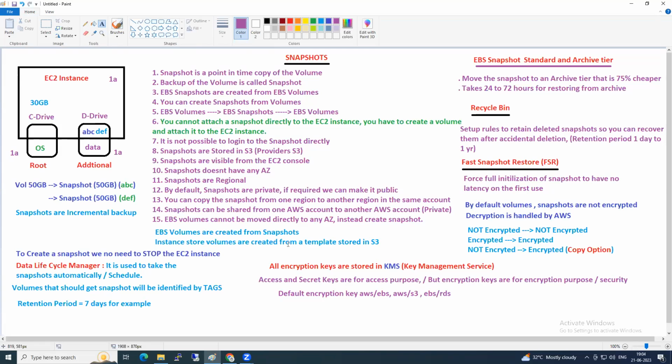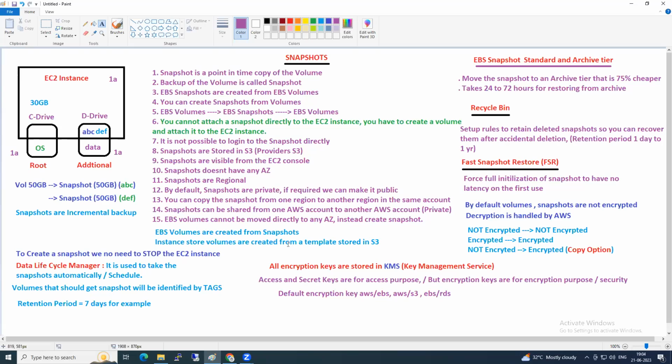Now, in my account, I have encrypted the snapshot. That means I'm using my keys. Can I share my encrypted snapshot with others? Generally, a snapshot can be shared from one account to another account. But I have an encrypted snapshot. Can I share it? Not possible, because I'm using my keys. How can I share my keys with another account?